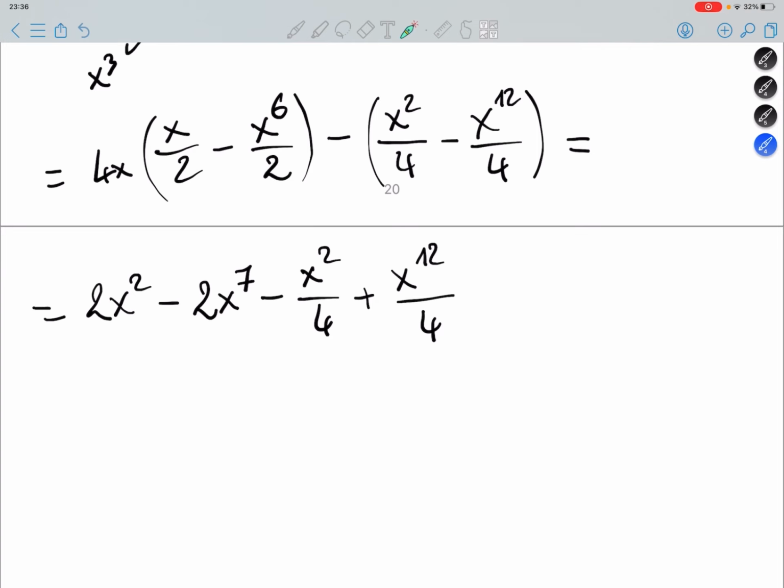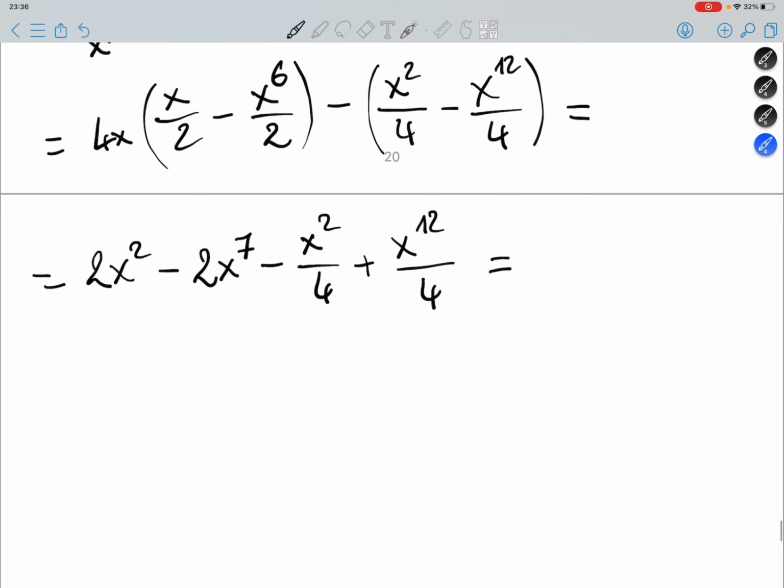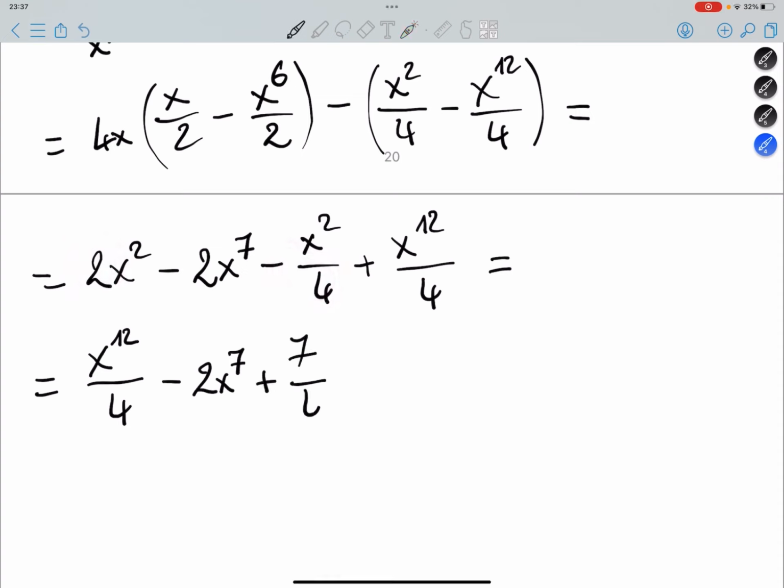We have x squared terms here, we can add them up, and that gives us x to the power 12 over 4, minus 2x to the power 7, plus 2 minus 1 over 4, which is 7 over 4, x squared.